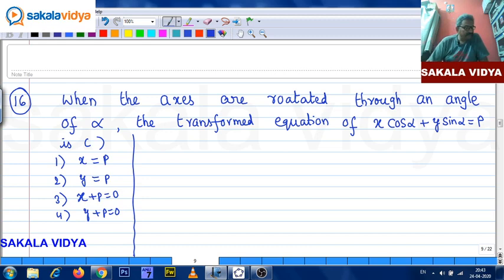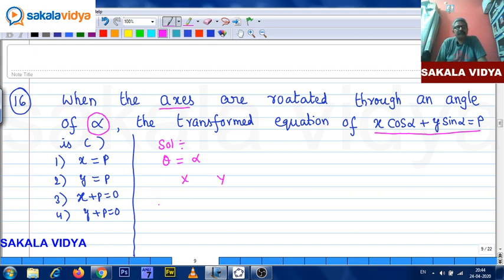Right. When the axes are rotated through an angle of alpha, we need to find the transformed equation of x cos alpha plus y sin alpha is equal to P. So, the angle of rotation theta is equal to alpha. Now we can find the equations of transformation: capital X, capital Y, small x, small y.